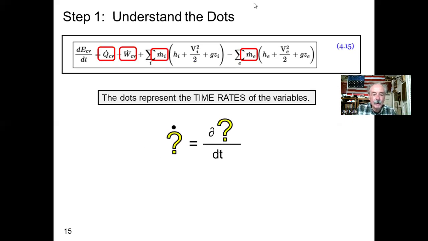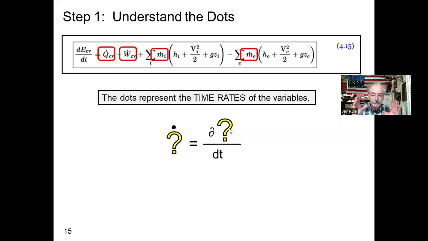Okay, step 1, understand the dots. Notice this looks similar to the first law for a closed system, but it's more complex. And also these dots are starting to appear. What do these dots mean? Well, in general, the dots represent some type of rate. Dots represent rates of variables or properties. So in general, question mark dot equals the time rate of question mark.